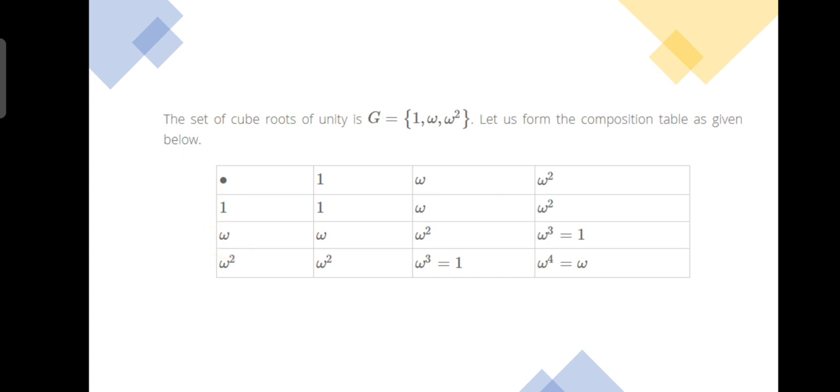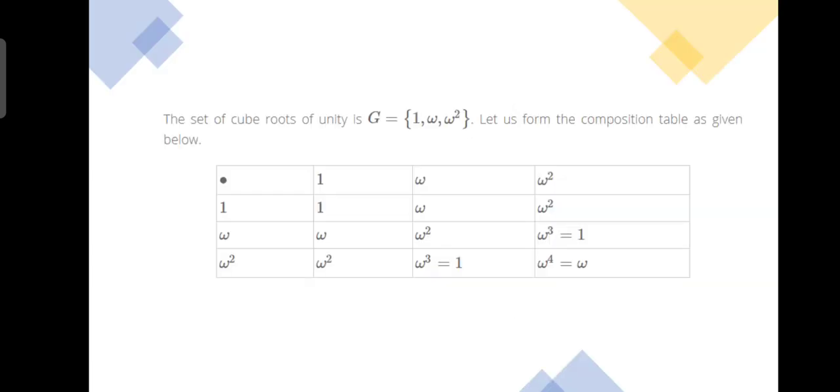Then we'll combine omega with omega square, then we get omega cube. And we know the property of cube roots of unity: omega cube is equal to 1. Then omega square into 1 will be omega square. Omega square into omega will be omega cube. And then omega square into omega square is omega 4, which is omega. So our composition table is complete.